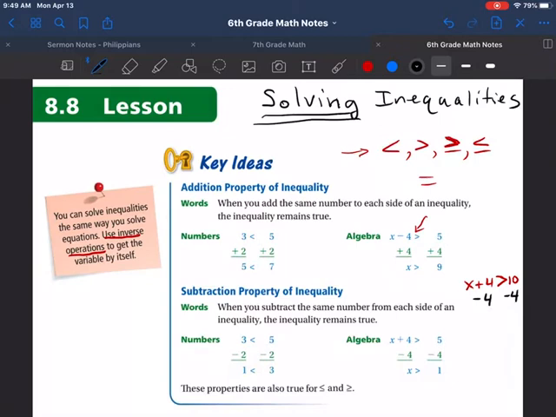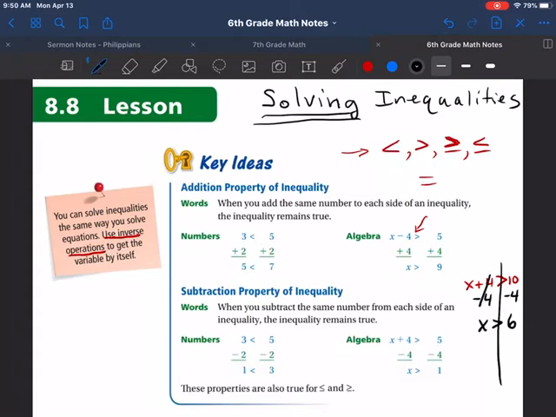So we're going to do the inverse operation on both sides, so you can draw your line through it. Same thing. And we're going to be left with nothing here except for x greater than 10 minus 4, or 6, okay? So that's an example of solving an inequality.